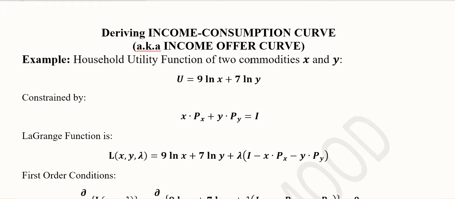To do the constraint optimization, we make the Lagrange function from it, and the Lagrangian function is written in this way: the objective function, that is the utility function, comes in the beginning and then we add a term, which is basically the product of lambda, that is the Lagrangian multiplier, and an inverted form of the constraint, where we have kept the value of the constraint, that is budget, on the same side, that is the side where its sign is not changing, whereas we have shifted the other two terms to this side.